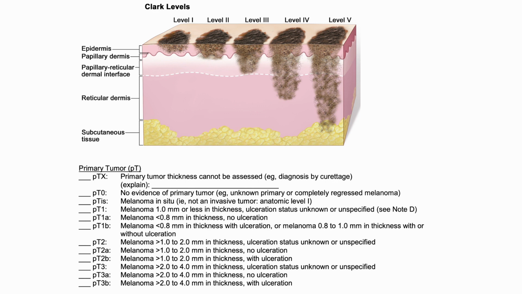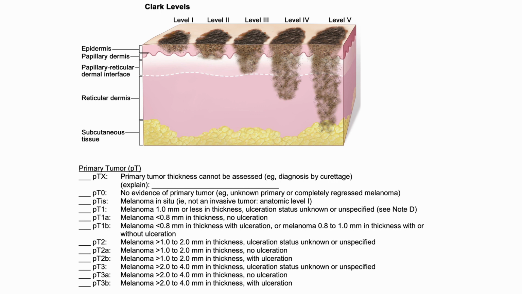Next, let's talk about the Clark level and the Breslow thickness. In the old days, Dr. Clark developed this scheme. Levels 1, 2, 3, 4, 5 indicate the involvement of different histologic locations. But it is out of favor because nowadays people use Breslow thickness, which correlates better with the prognosis and the treatment.